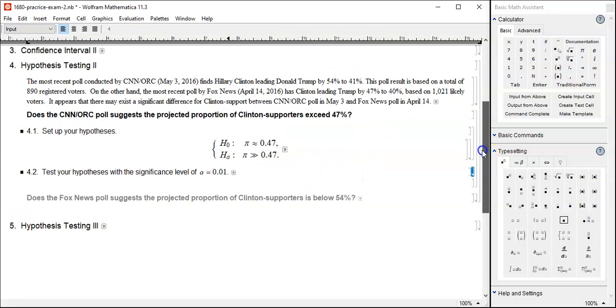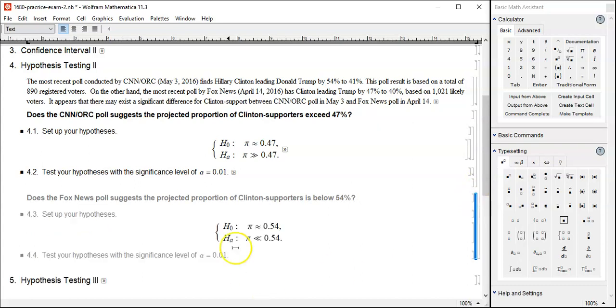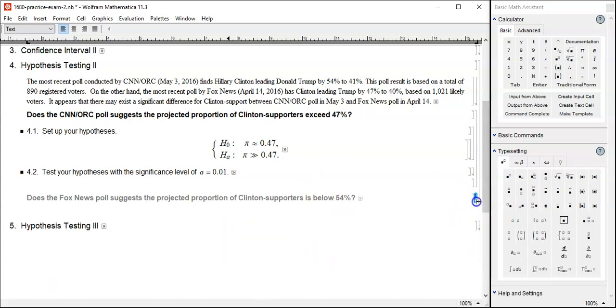So forget about the CNN-ORC data and use 1,021 likely voters and these sample statistics from Fox News only, and use 54% as just null. Just like we did before, you can set up hypotheses and then test it. However, I didn't do any of these. I'm going to leave these problems to you.